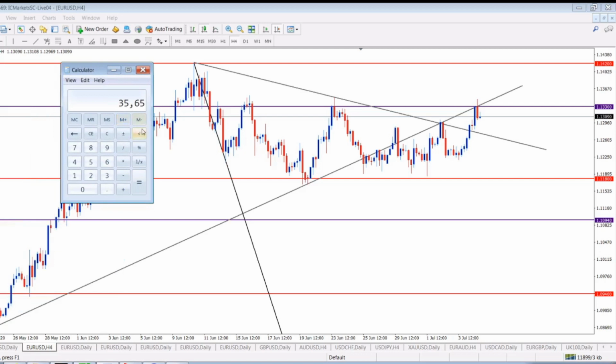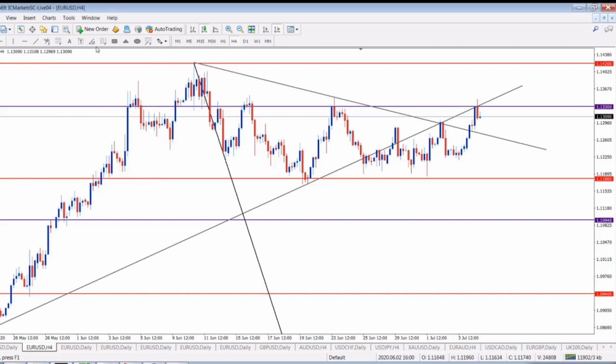Divided by 2, it gives us 35.65. So again, we have to subtract that value from 360. So 360 less 35.65 gives us 324.35.